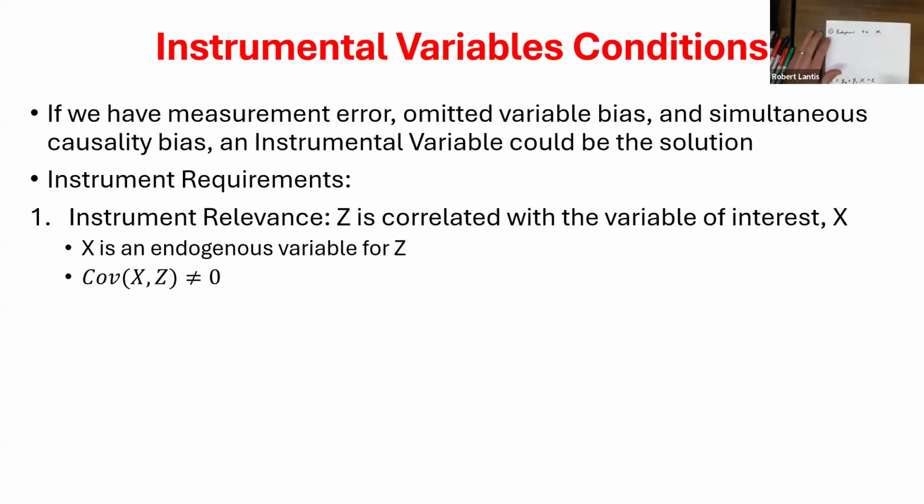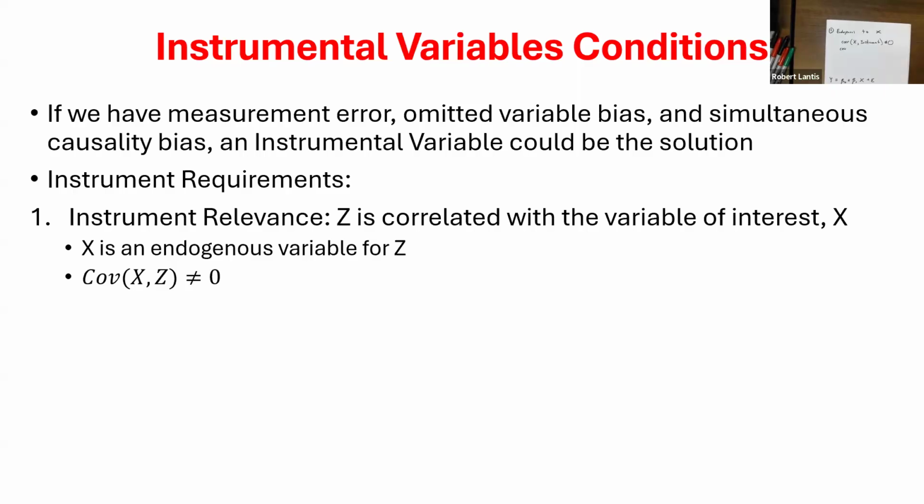Being endogenous, another way to think about that is that it's correlated with x. So we need that correlation, or in the slides I had covariance, of the variable we include in our regression and our instrument. If they are correlated, this is something other than 0.